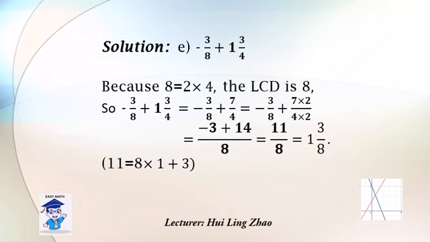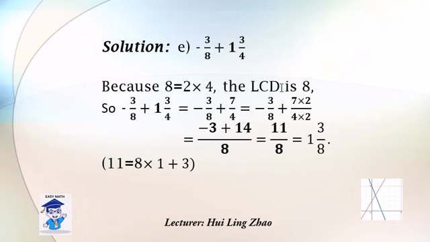Solution E is negative 3 over 8 plus 1 and 3 over 4. And 4 and 8, they have the same factor of 4, right? So we can see 8 equals 2 times 4.